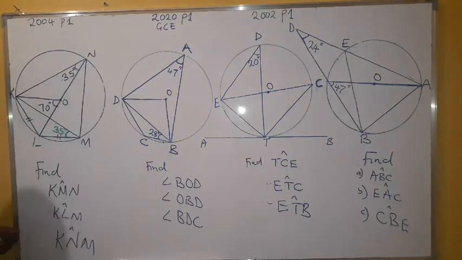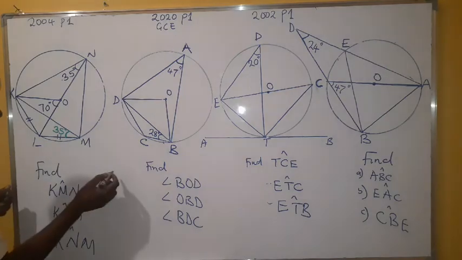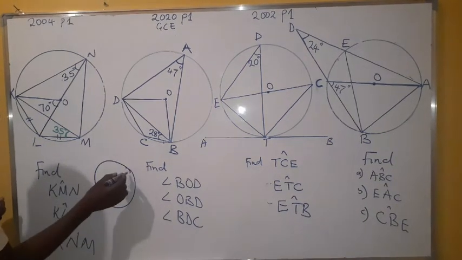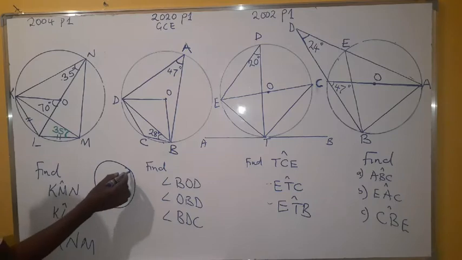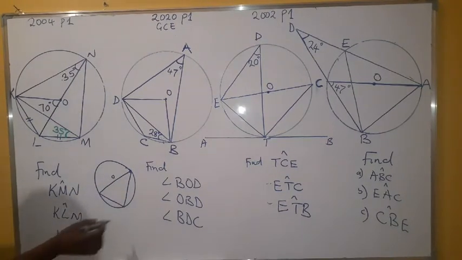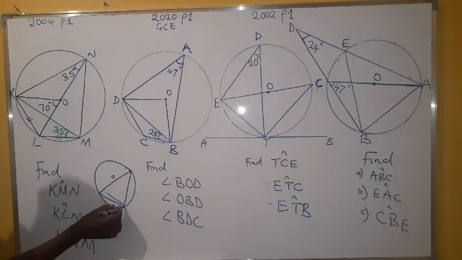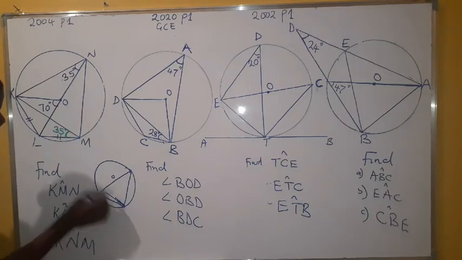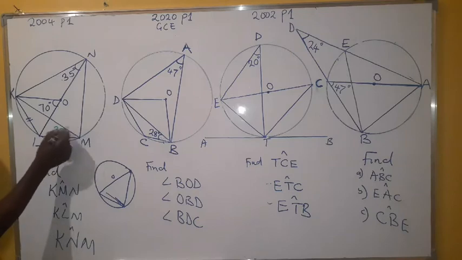So then, you remember we said the angle in the semicircle is what? The angle in the semicircle, if this is the center, we said the angle in a semicircle is 90 degrees. So if this whole angle here is 90 degrees, and we already have 35, what is this angle going to be here?